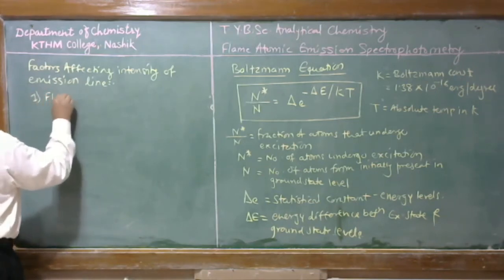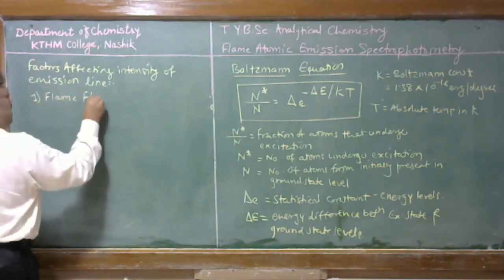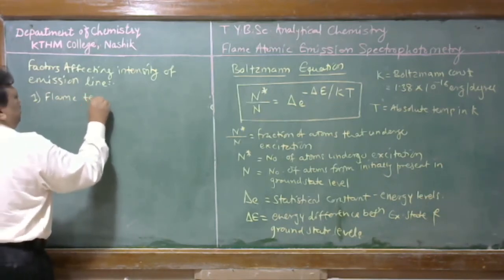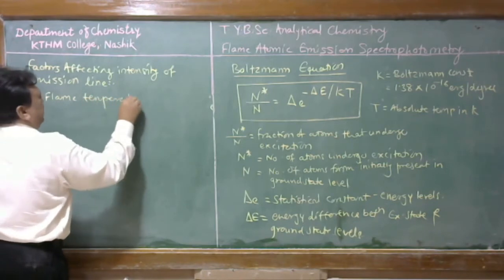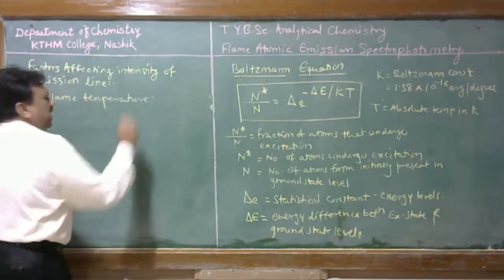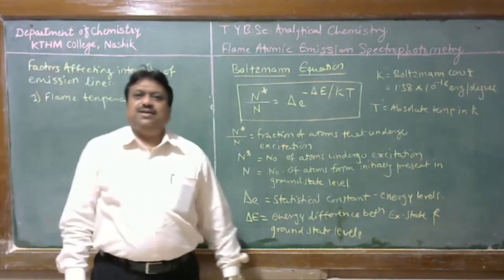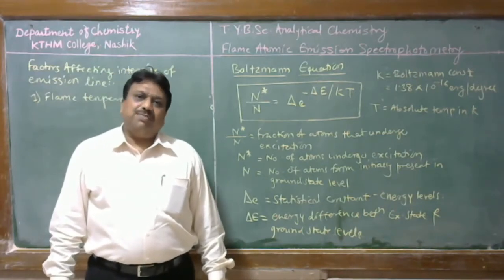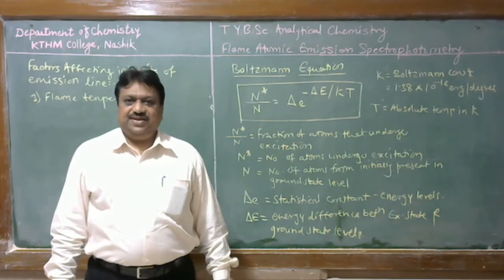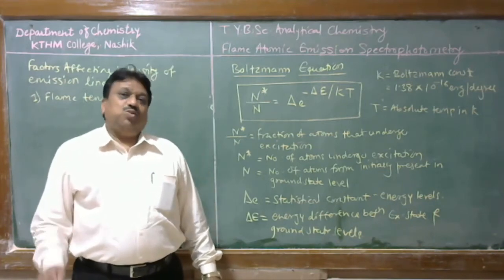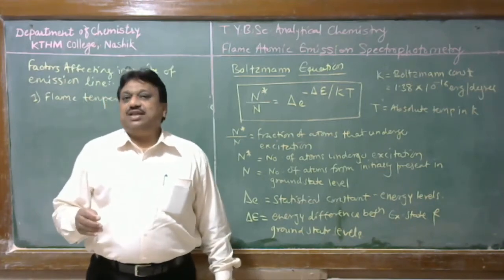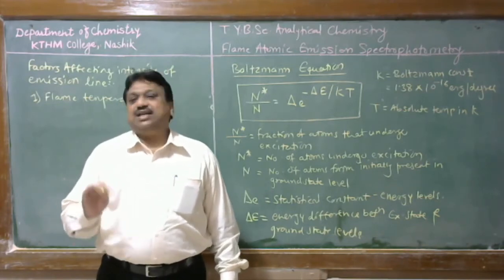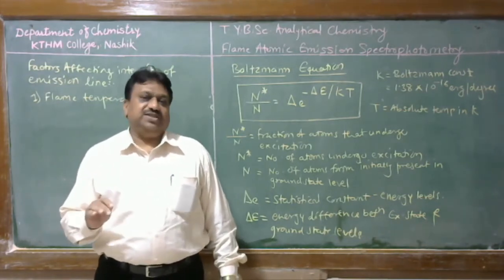Flame temperature directly affects the atomization process. Therefore, if we have the hottest flame, then the atomization process is completed, and therefore the maximum amount of atoms are present in the excited state. Therefore, the atomization process depends upon the flame temperature, and therefore flame temperature directly affects the intensity of the resonance line or emission line.